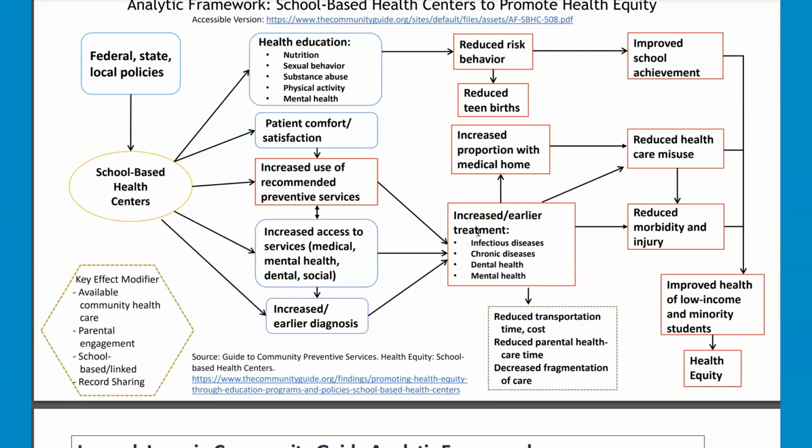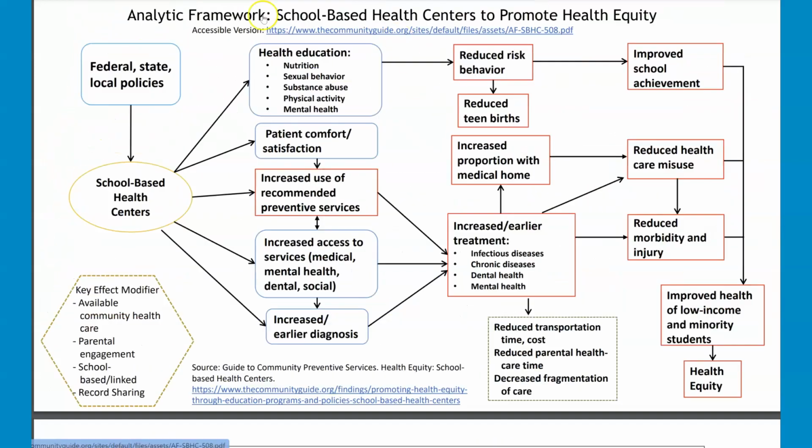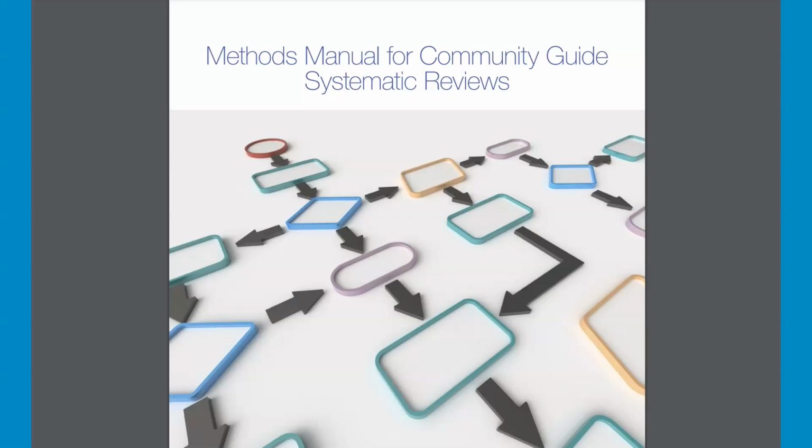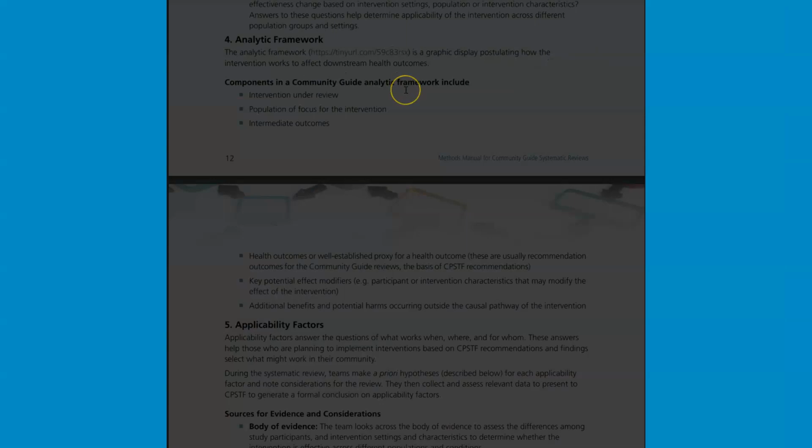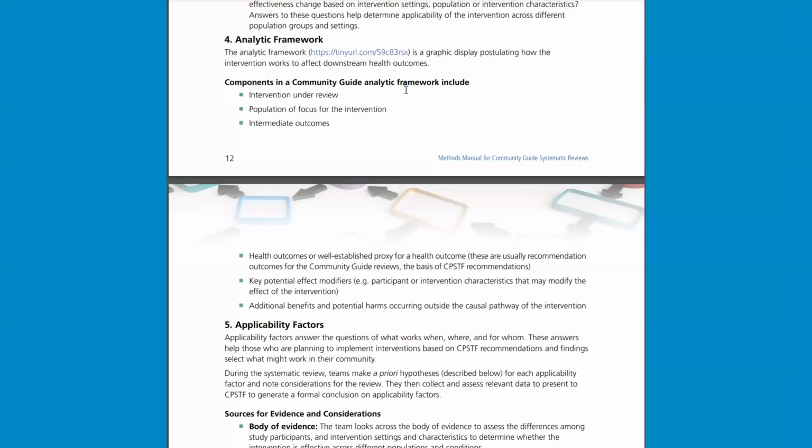So if we look at health equity, there are different ways that we can address it, and this is one analytic framework to effectively do so. I'm going to end step number 4, the analytic framework, by telling you about the components in a Community Guide analytic framework.